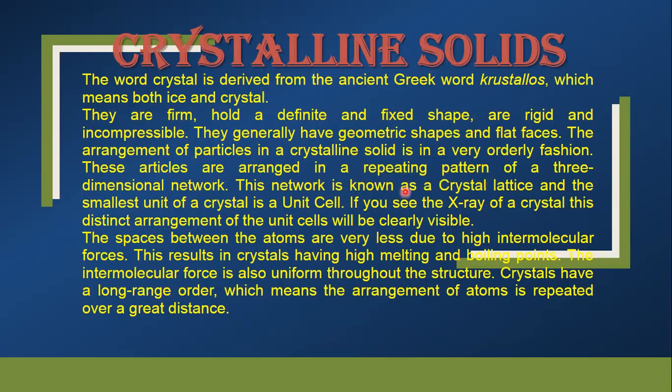This three-dimensional network is known as crystal lattice, and the smallest unit of a crystal that can represent the whole crystal lattice is called unit cell. From X-ray of a crystal, this arrangement can be seen. The spaces between the atoms are very small due to high intermolecular forces that result in high melting and boiling points of crystalline solids.